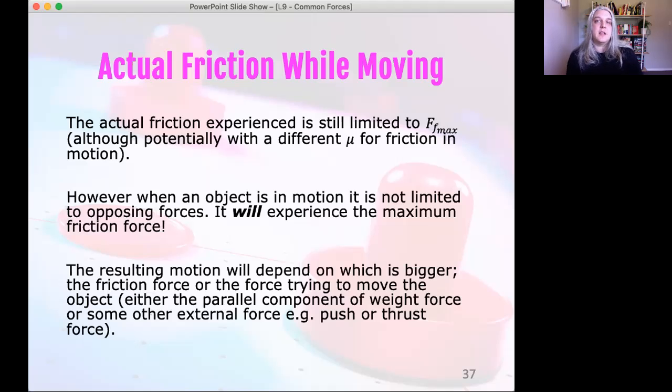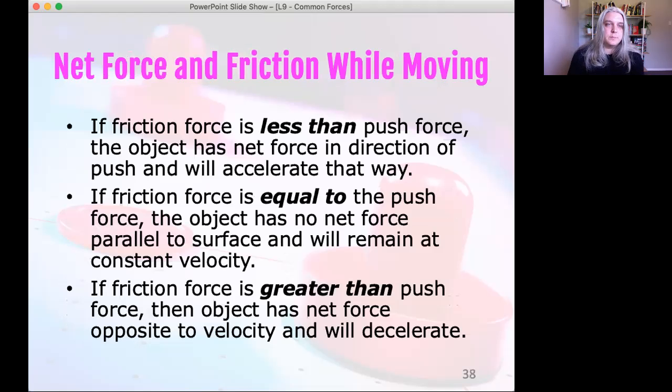It will remain in motion at a constant velocity in the absence of net external forces. So there's no force in the sideways direction if you have an object just sliding along a horizontal surface. But because it's sliding, if it's not frictionless, there will be a friction force, and that will oppose the motion, and then the object would slow down to a halt. So when an object is moving, it will simply experience the maximum friction force.